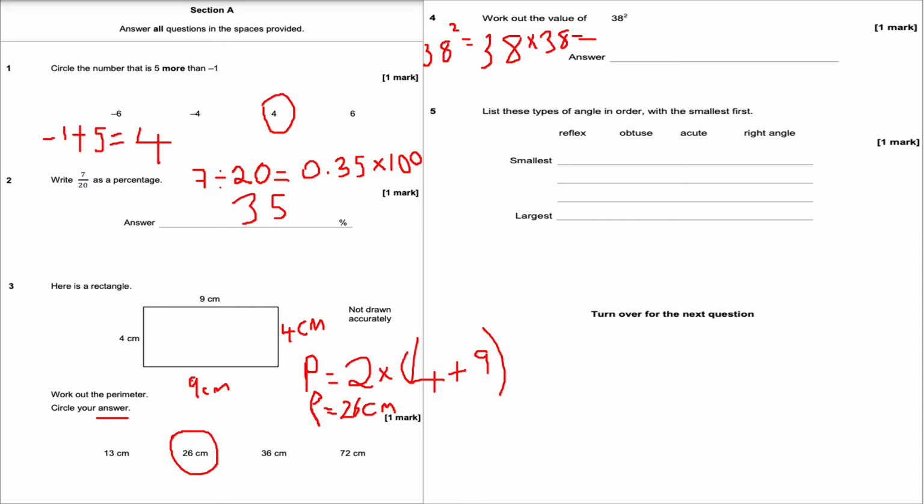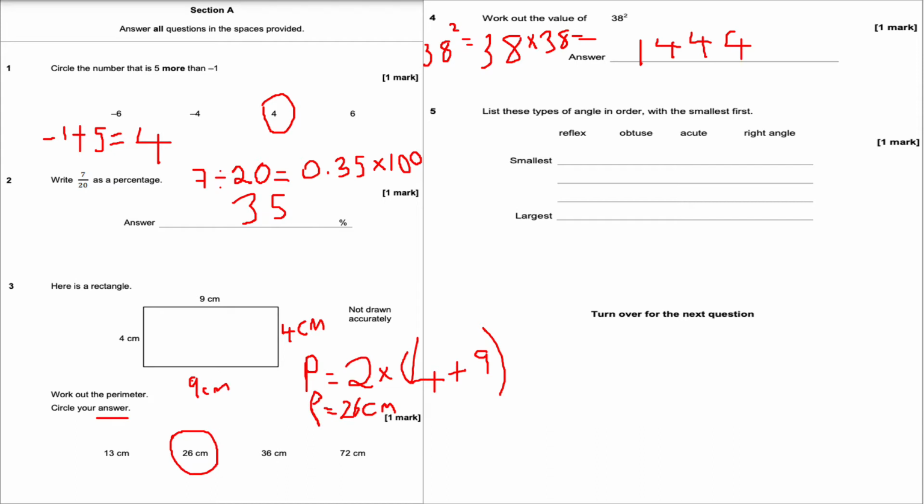So 38 times 38 is 1,444. That is my answer for question number 4.